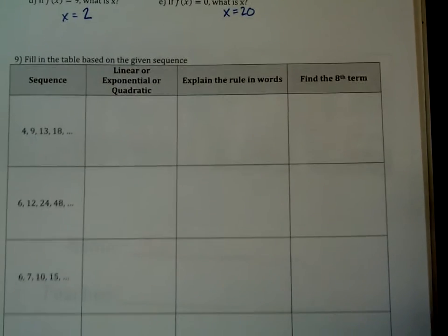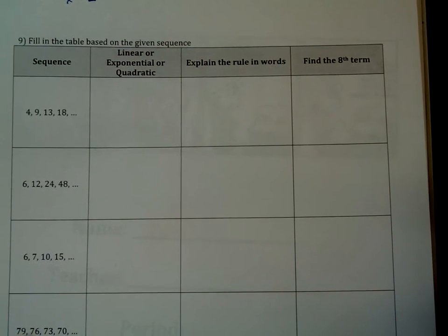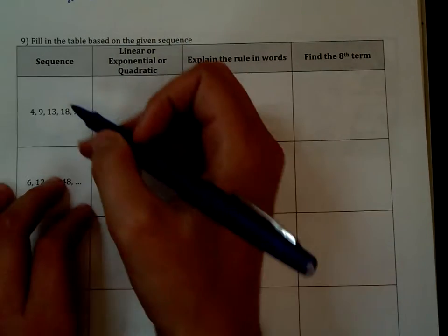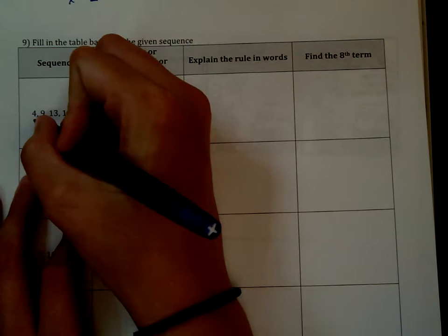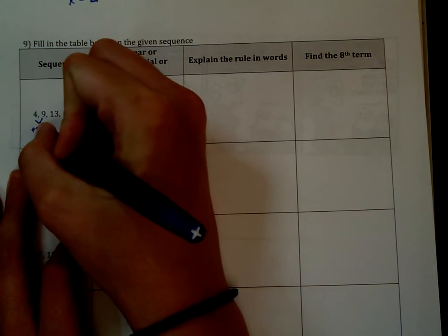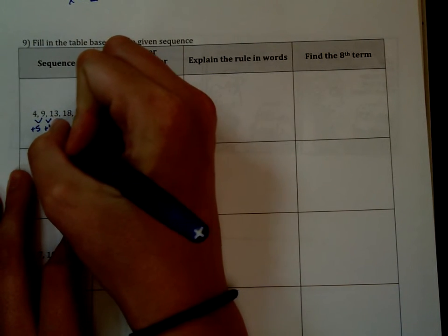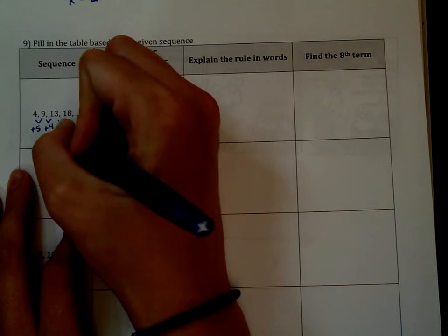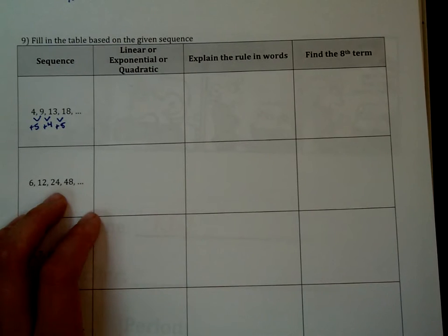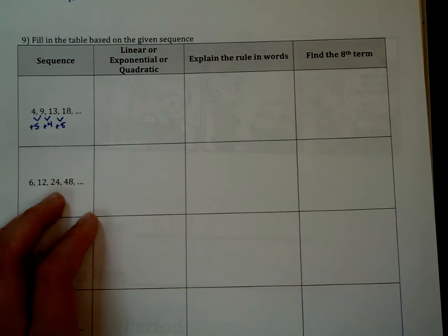Alright, so here we got some sequences. So let's see, I want to find out if it's linear, exponential, or quadratic. So I see here I'm adding plus 5, plus 4, plus 5. This is none.